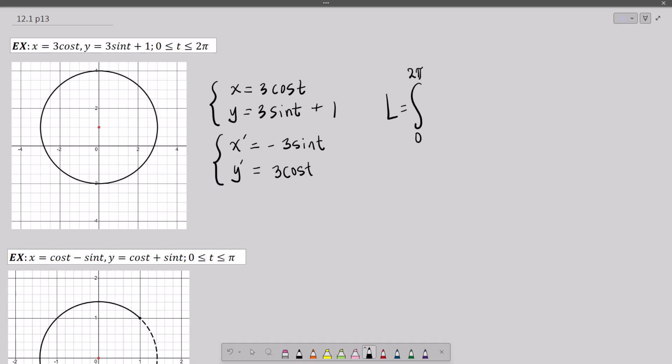So now we do the square root of x prime squared, so that's going to be 9 sine squared of t, and y prime squared is 9 cosine squared of t. And what does the inside of this simplify to?